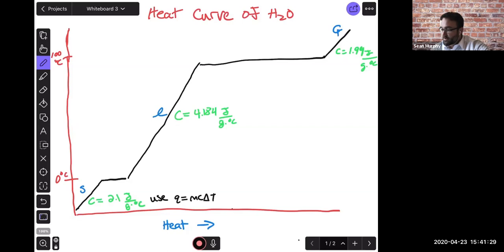We're going to be using Q equals mcΔT here, and here, and whenever we're solving problems on the diagonal, or when we're discussing solid, liquid, and gas, because we have a specific heat capacity that's different for each one of those. All right, so let's start talking about these transition phases.